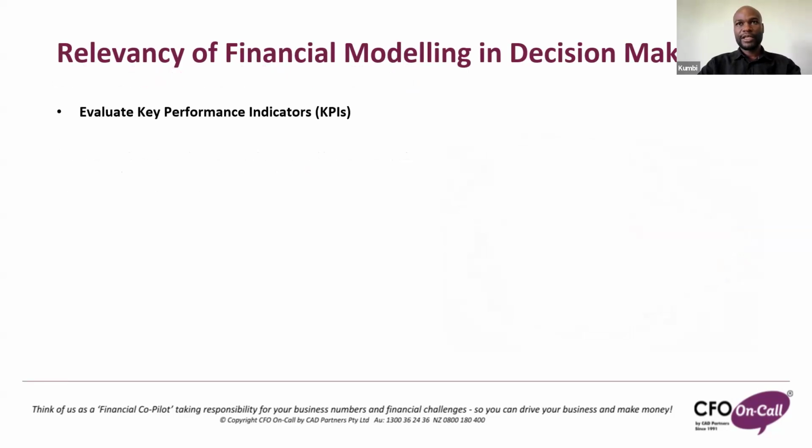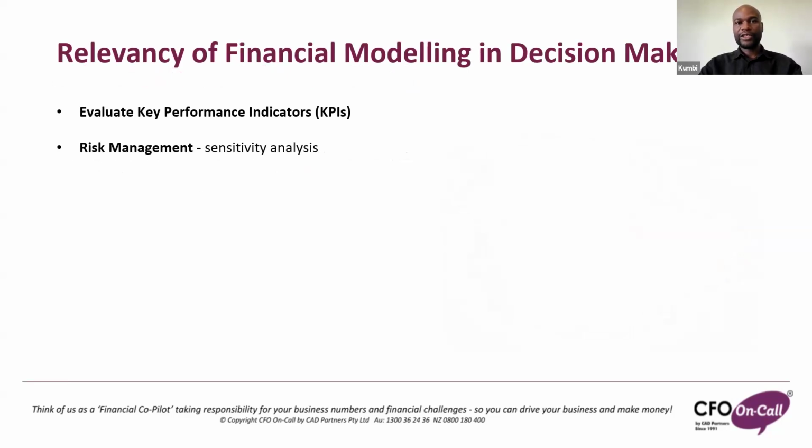So to start with, let's say the business started 5 years ago and we have made decisions in the past, so we can use financial modeling to evaluate key performance indicators, which is an assessment of the decisions that have been made in the past and look at areas of improvement in decision making.